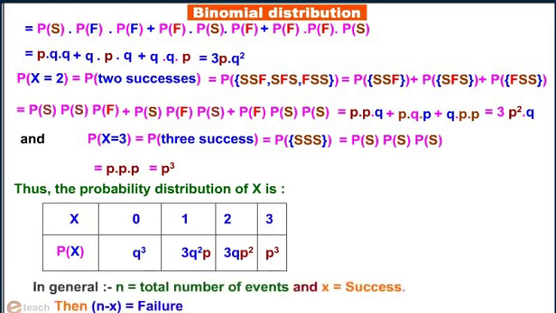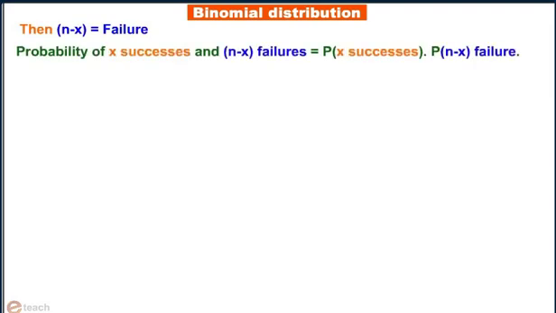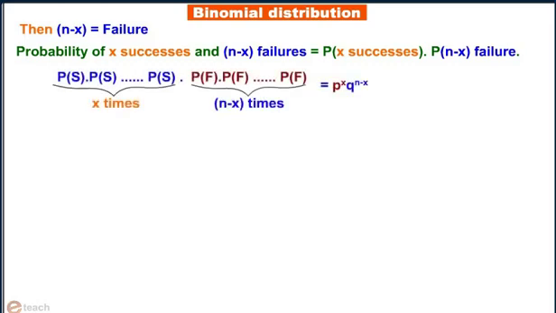In general, n is equal to the total number of events and x equals successes, then n minus x equals failures. The probability of x successes and n minus x failures equals the probability of x successes into the probability of n minus x failures, which is equal to p to the power x into q to the power n minus x.